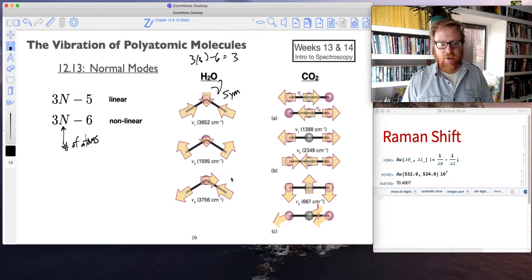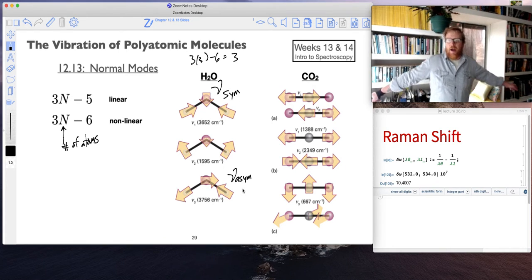And then of course there is the asymmetric stretch, typically written as nu asym, or sometimes just nu AS. So some kind of qualifier to let you know that's the asymmetric stretch.